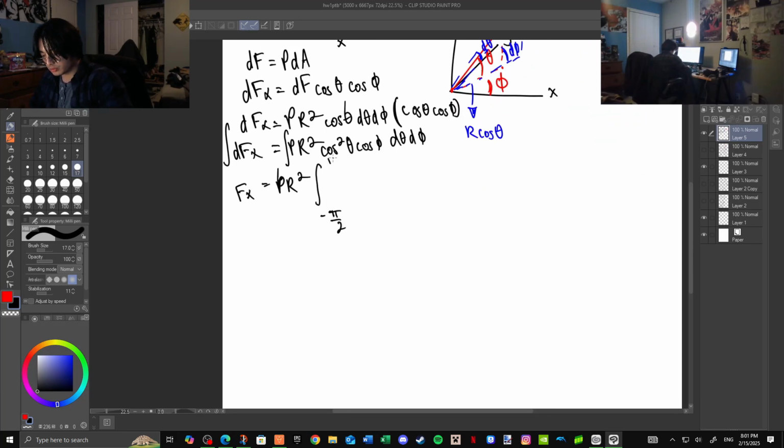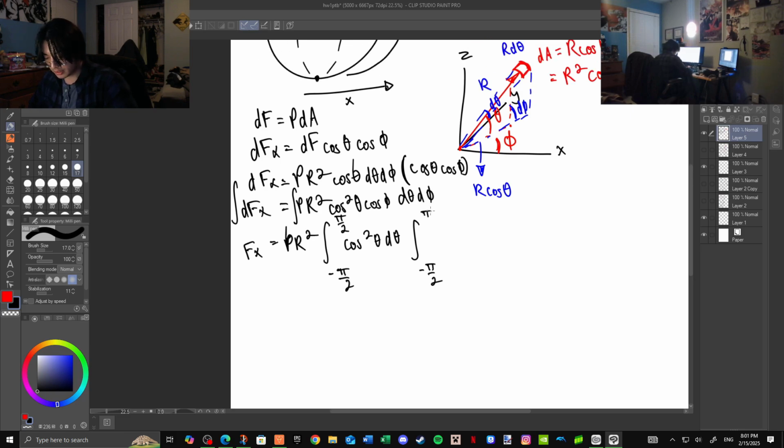We can use negative pi over 2 to pi over 2, and create an integral based off of theta. We also need to create an integral for phi because that angle also varies between vectors. So we use the same bounds, and then we have cosine phi times d phi.